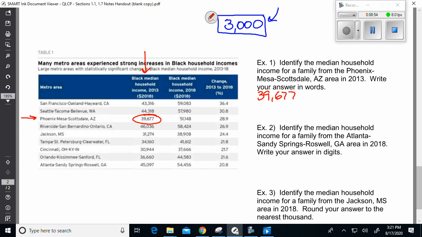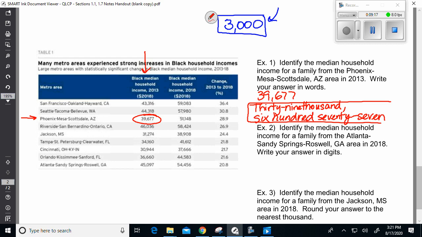They wanted it in words, so that's 39,000, comma, 677. There you go. So we're just pulling information off of the table.